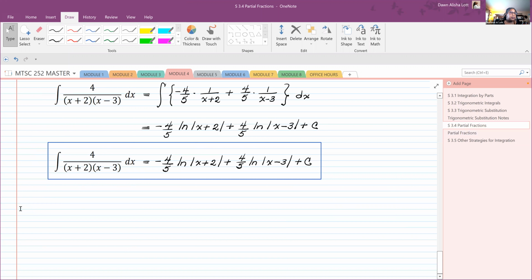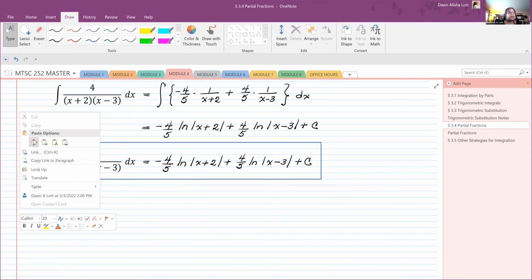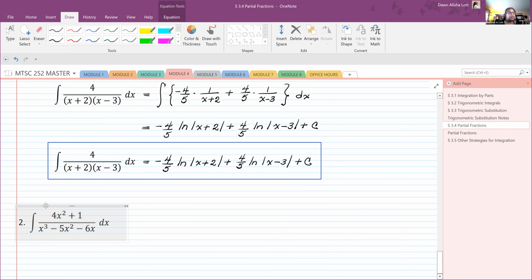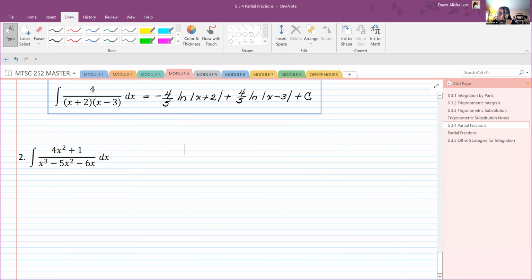Next problem. Now, this next problem is not given to you in factored form. So that means we have to do some work to it. We're going to start off with 4x squared plus 1 divided by x cubed minus 5x squared minus 6x.